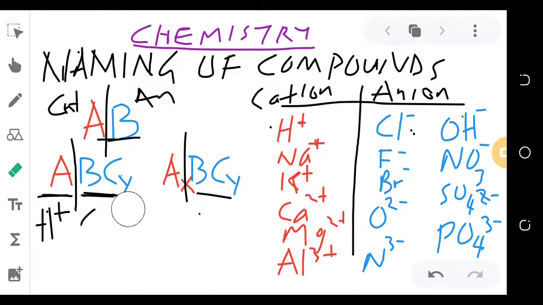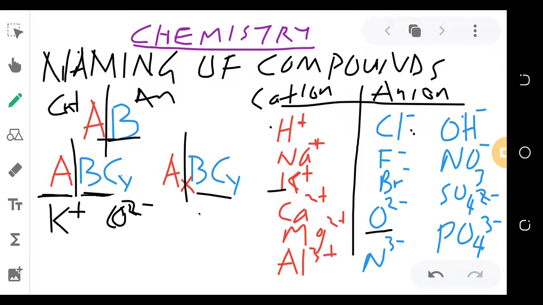So let's pick another example. In this case now, let's pick potassium, that's this, and oxygen. So we have K plus and O2 negative.